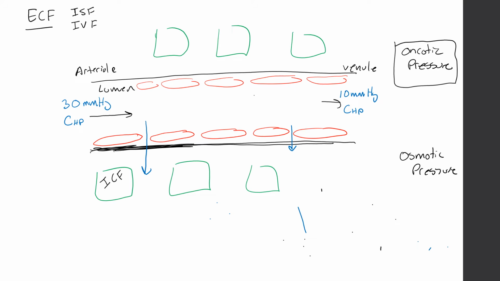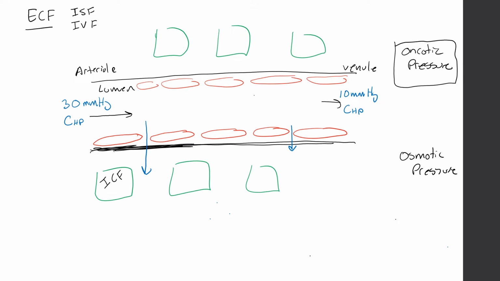So I just drew a smaller arrow to indicate that. So it would drop as we go along the capillary towards the venule side, because we have a drop in that hydrostatic pressure. And again, the hydrostatic pressure represents our blood pressure, right? That's what we measure in our arteries.